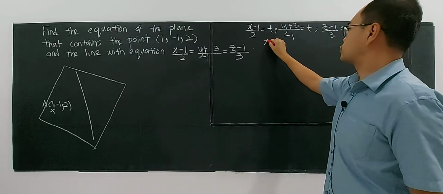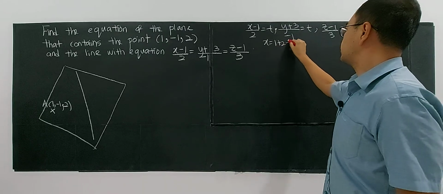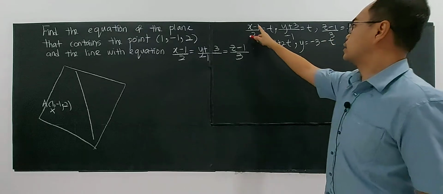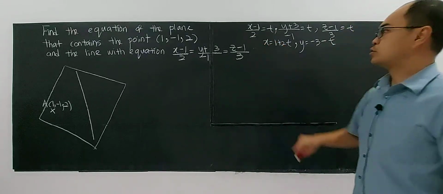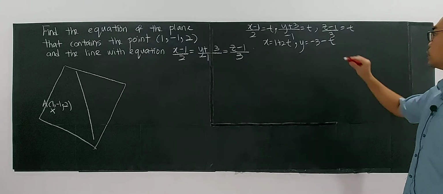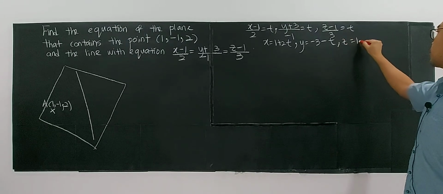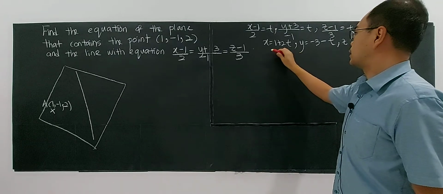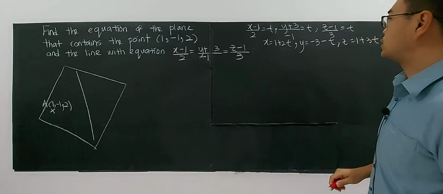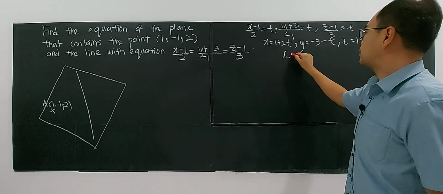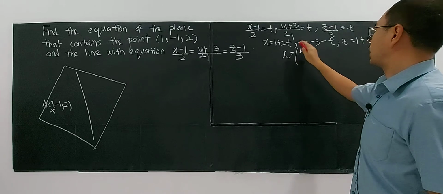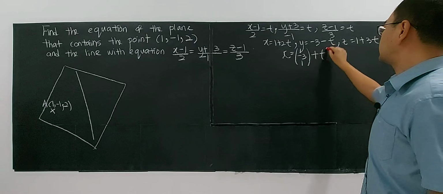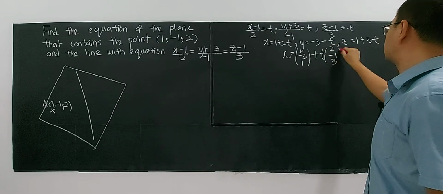So we have x to be 1 plus 2t, y to be -3 minus t, and z to be 1 plus 3t. We can actually get the direction vector from this line. So r is equal to a, where a is 1, -3, 1, plus t times 2, -1, 3.